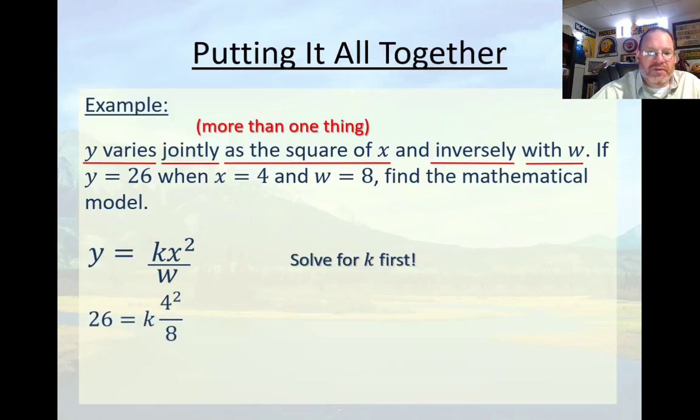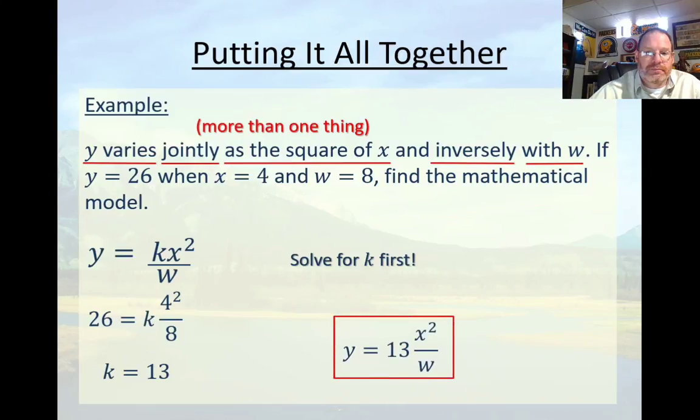So start plugging those values in. 16 over 8 is 2, and 26 divided by 2 is 13. So we have our model. All we're going to do is go to that first equation and replace the k with 13. All right, that is all there is to figuring out these variation equations.